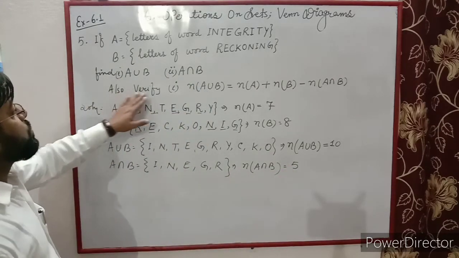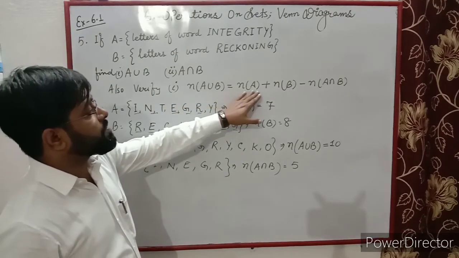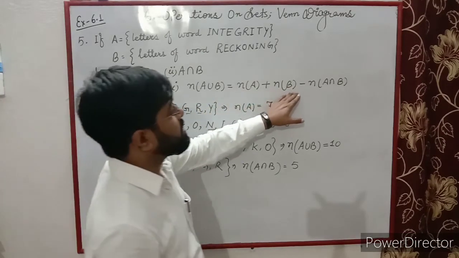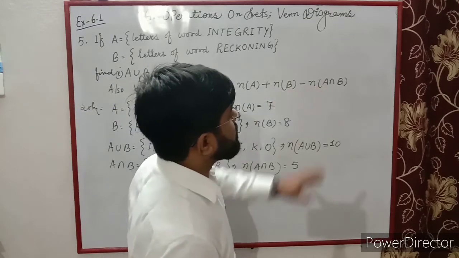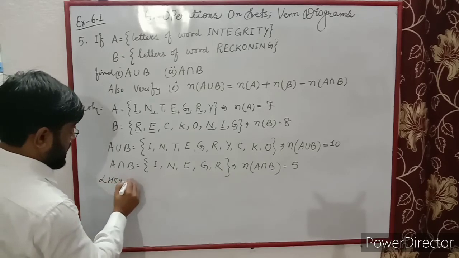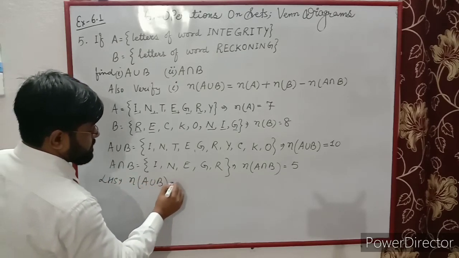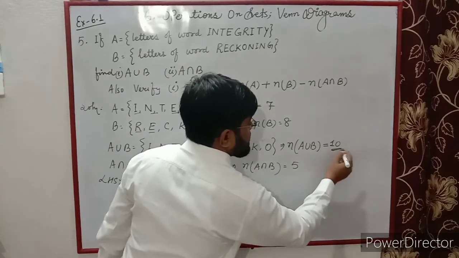Now also verify that the cardinal number of A union B is equal to the cardinal number of set A plus the cardinal number of set B minus the cardinal number of A intersection B. So first the left hand side: the cardinal number of A union B is 10.